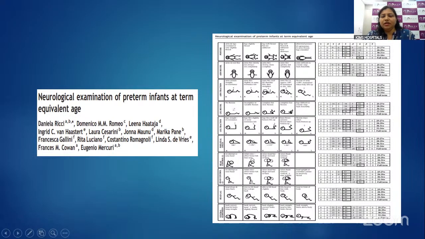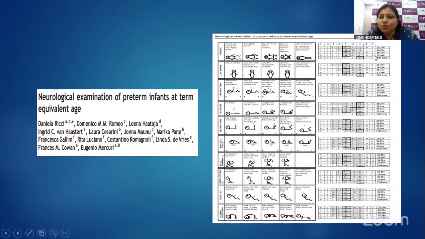For example, if I am doing the assessment of a child who was born at 32 weeks of gestation, you can see on the left side all the pictures, posture 1, 2, 3, 4, 5. Same here, you will see 1, 1.5, 2, 2.5, 3, 3.5, 4, 4.5, and 5.